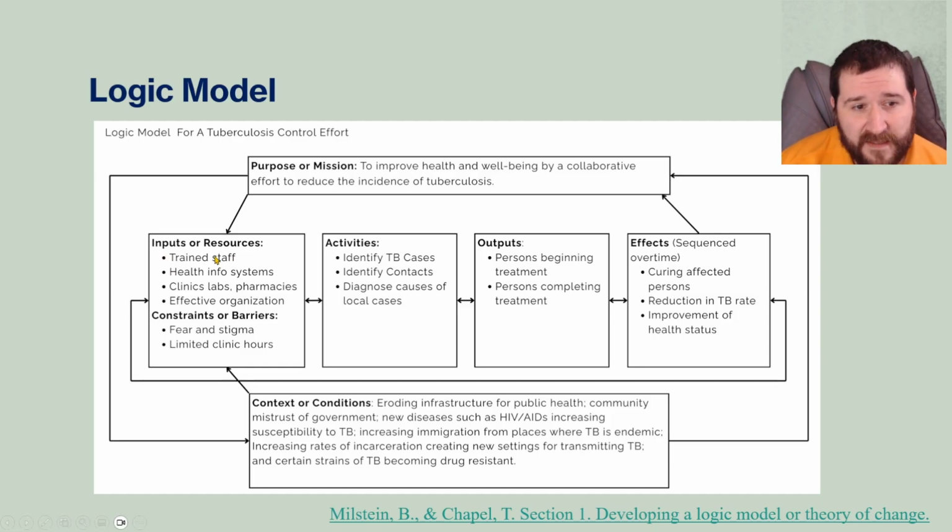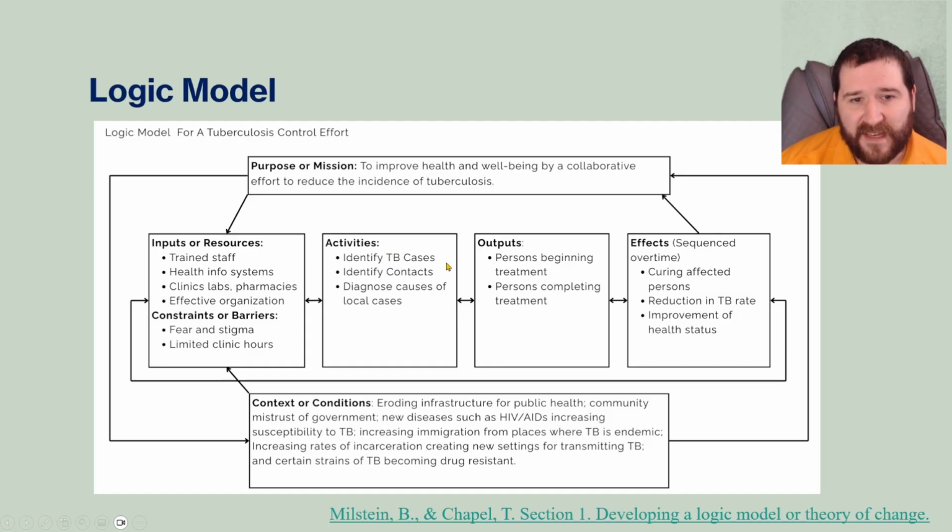The staff needs access to some health info systems, right? A digital resource there. They also need access to labs and pharmacies. So that's a physical resource. That's a lab space. And they also need organizations. They have some lists of constraints or barriers that are possible things that they might have to worry about.